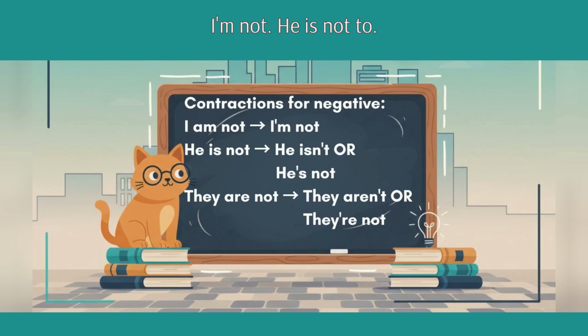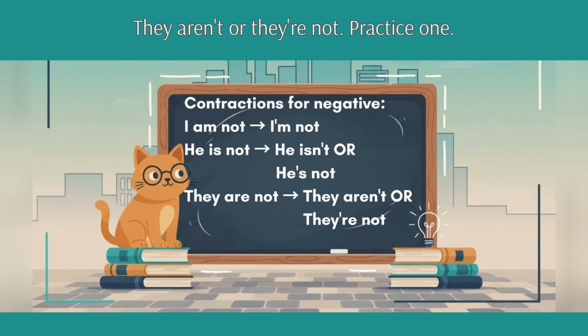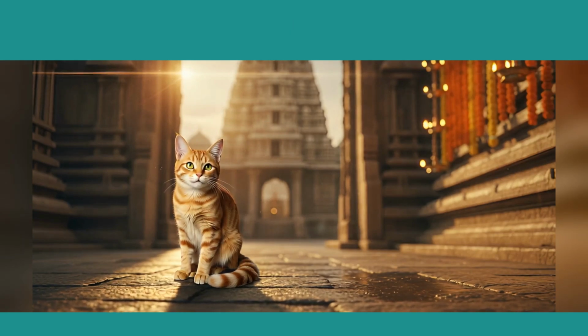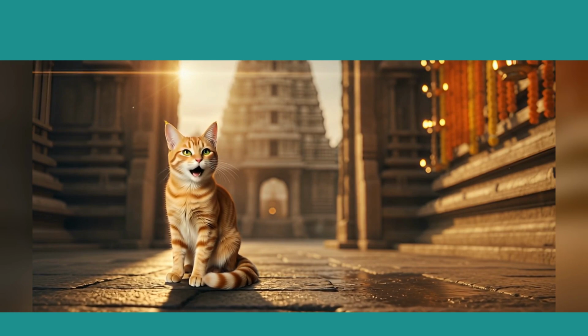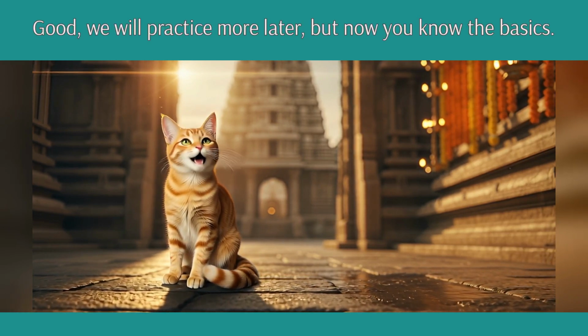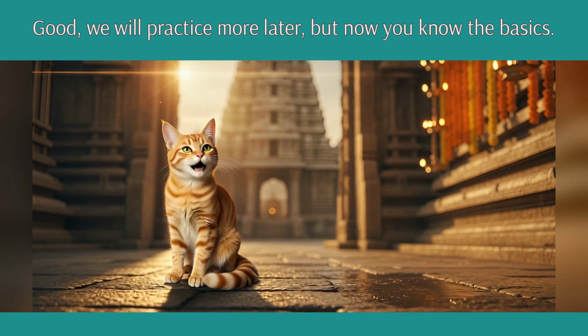He is not, he isn't, or he's not. They are not, they aren't, or they're not. Practice. I am not tired. She is not here, or she isn't here. Good. We will practice more later, but now you know the basics.